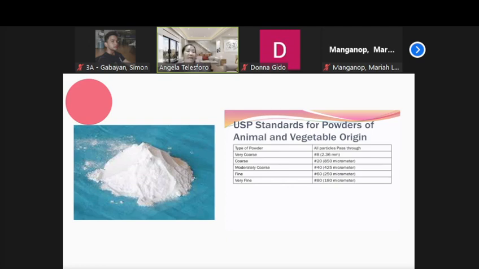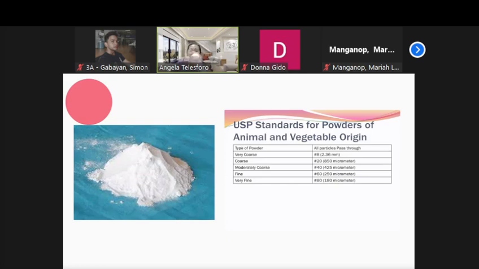So ang sieve kasi, I know yung nakagamitan sa powder sa sieve. Ang sieve, as the number increases, the size of the powder decreases. So kung ang number sa sieve 5, dagko kay na siya. Pag ang number 100, gagmay kay na siya. So pag very coarse, number 8 na sieve.